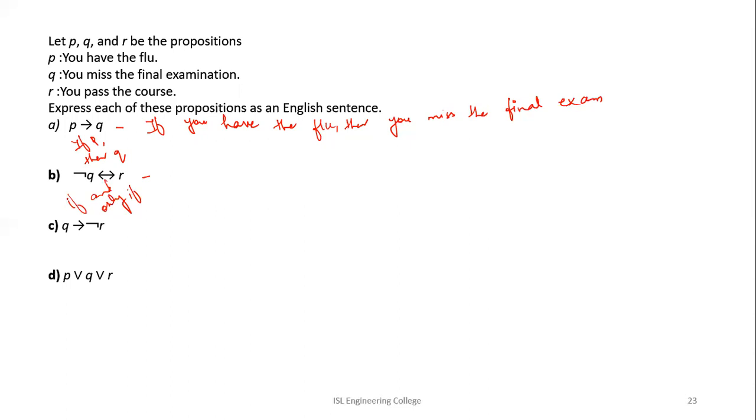Or there is another way to write by implication, because in normal English we don't use if and only if. So it is usually written as if you don't miss the final exam, you will pass the course.